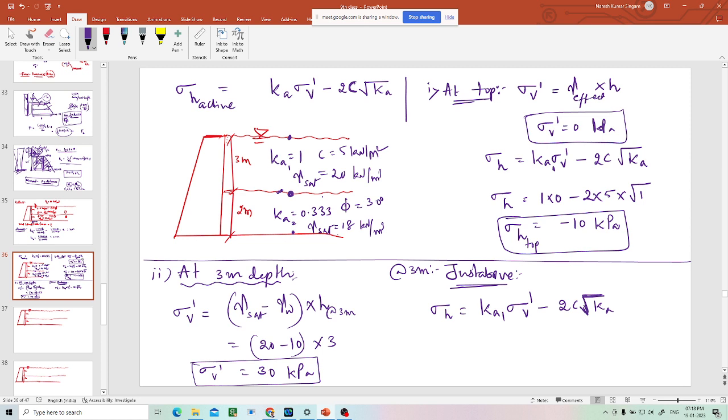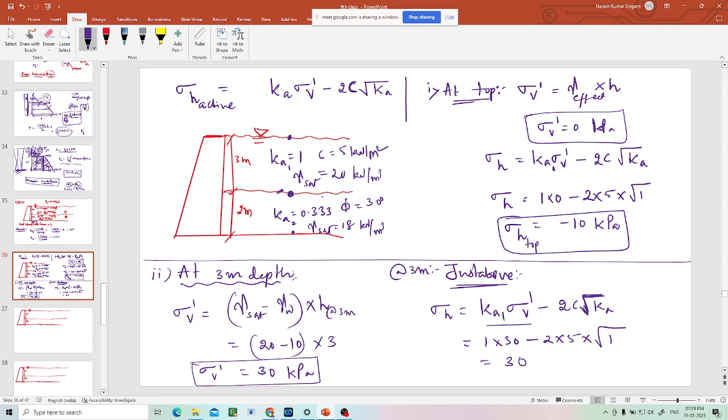Now Ka1 will be 1, multiplied by 30, minus 2 into 5 into under root 1. How much? 30. And one more thing, this is the total horizontal earth pressure, as I told you in the last class.